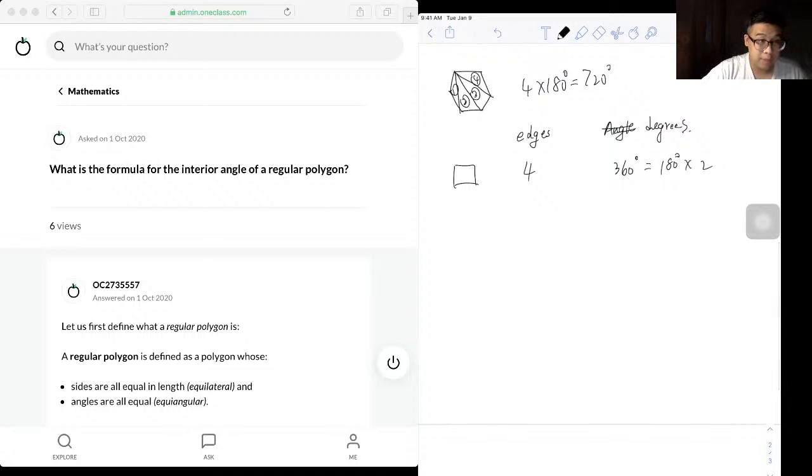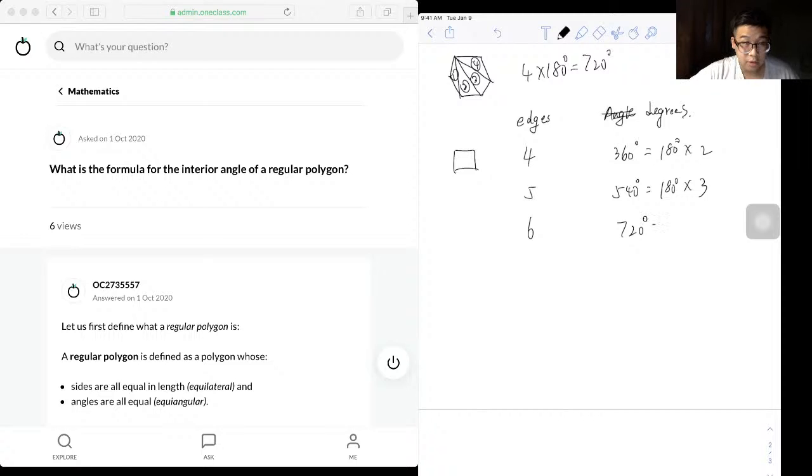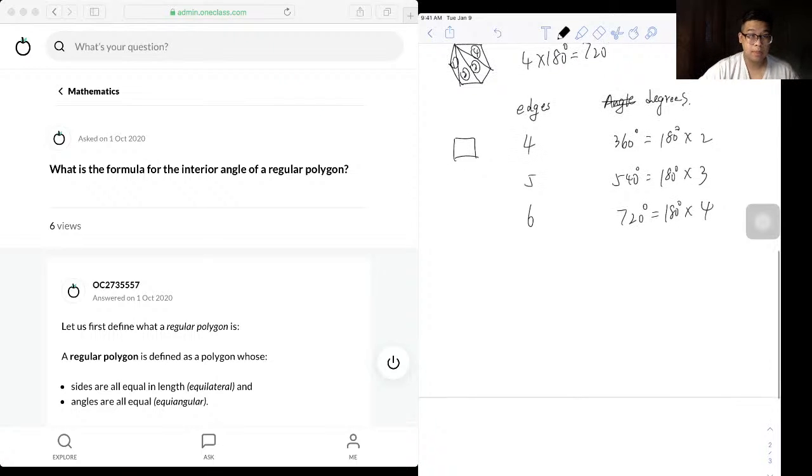If it's a pentagon, which means 5 edges, the degrees will be 540, which can also be written as 180 times 3. If we have 6 edges, that would be 720 degrees, which can also be written as 180 times 4.